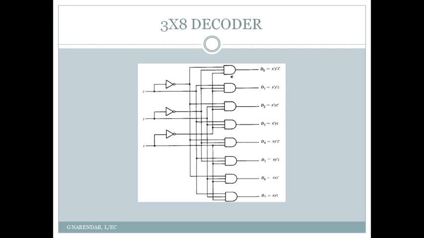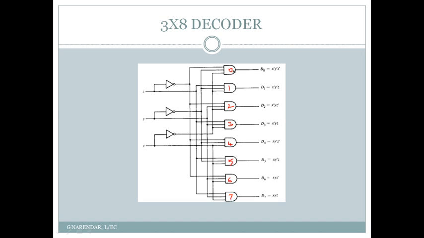Call this the 0th AND gate, and this is 1, this is 2, 3, 4, 5, 6, and 7.